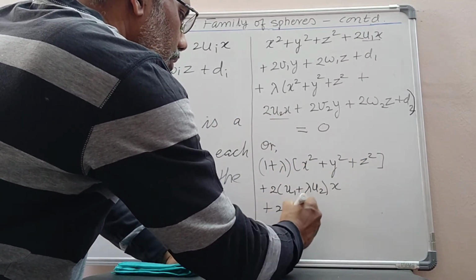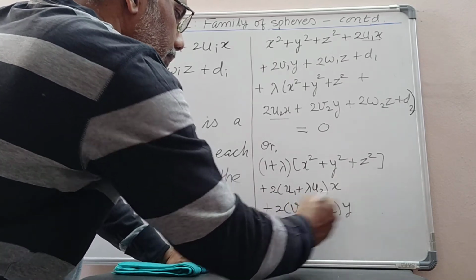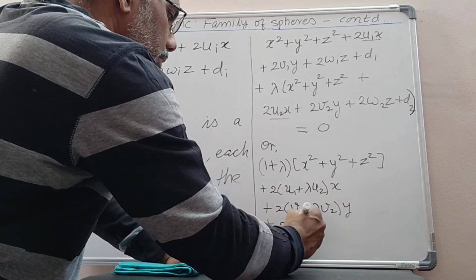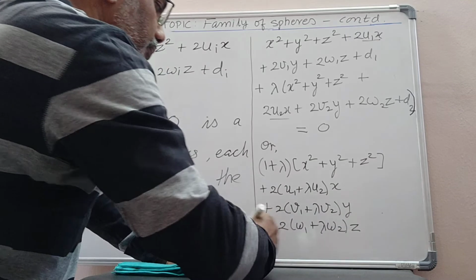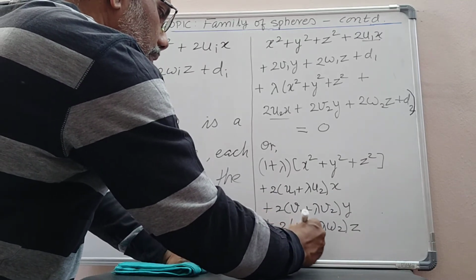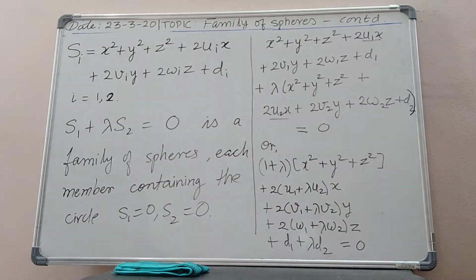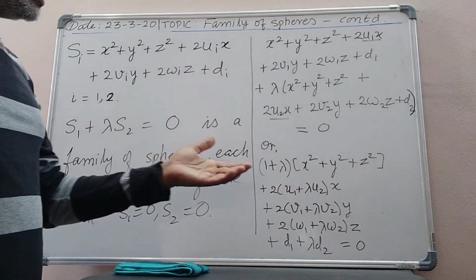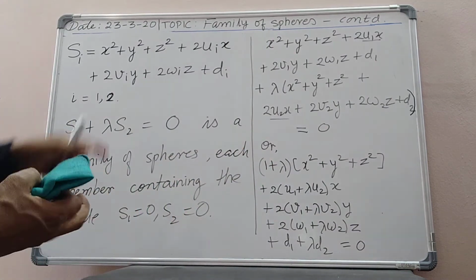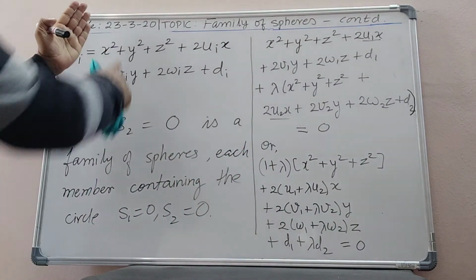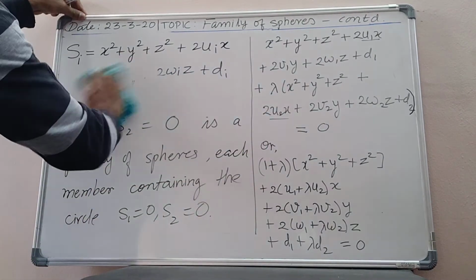Similarly, twice v1 plus lambda v2 y plus twice w1 plus lambda w2 z plus d1 plus lambda d2 is equal to 0. Now if you want it to look like an expression of this kind, you can divide both sides by 1 plus lambda. Let's do that.